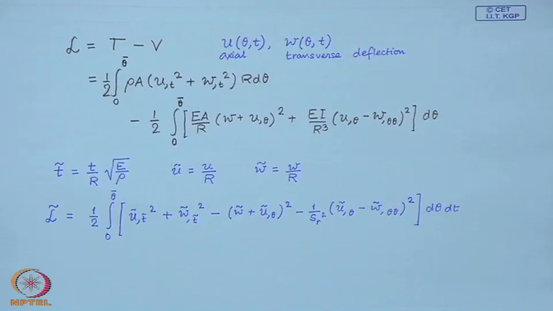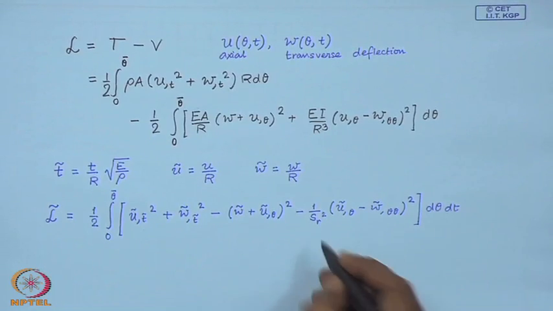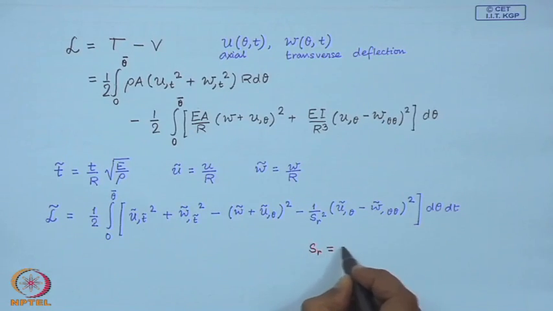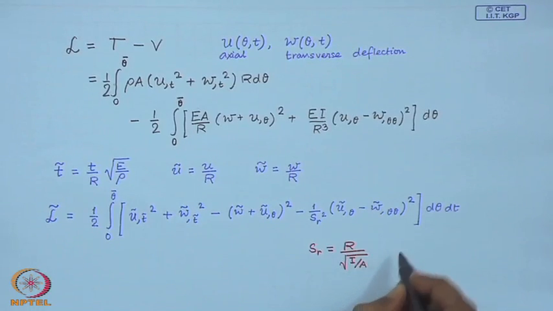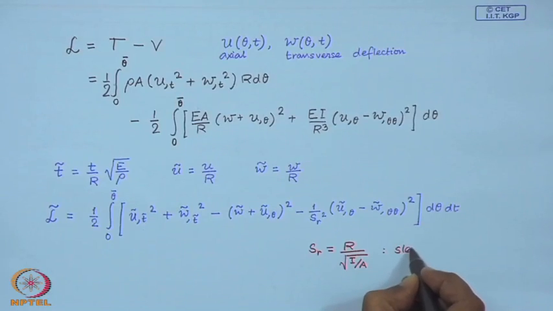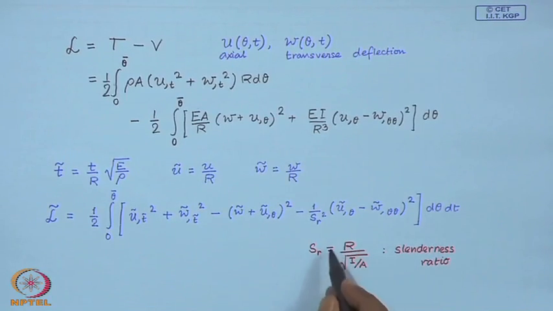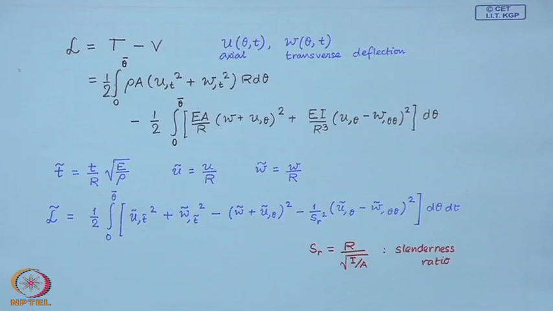So, this is our Lagrangian. Here SR we had defined as the slenderness ratio, which tells us how slender the beam is.